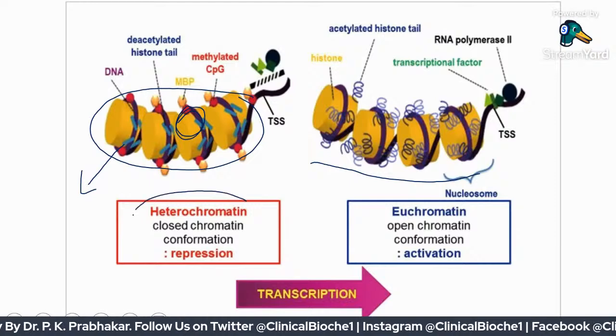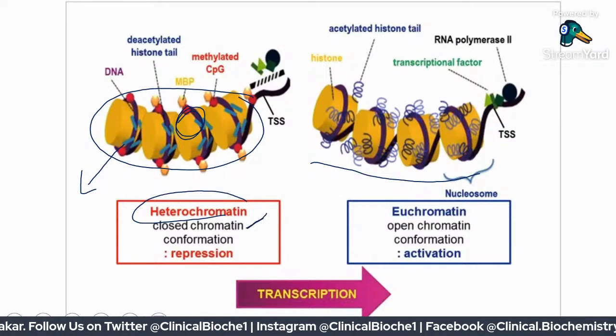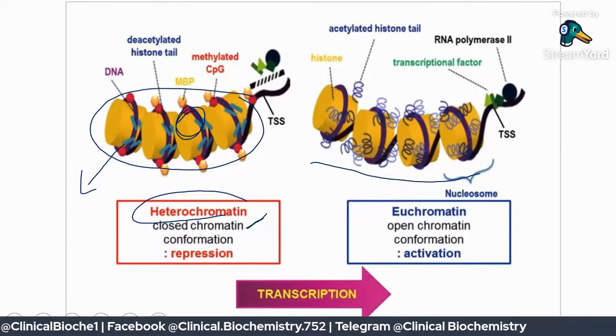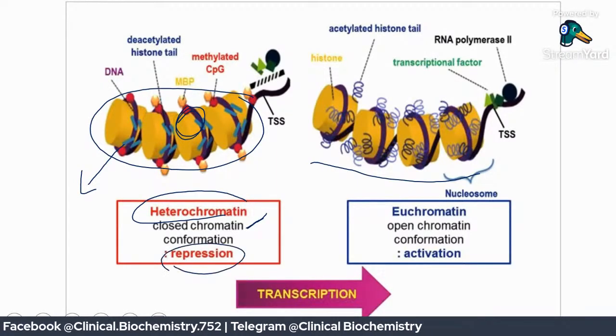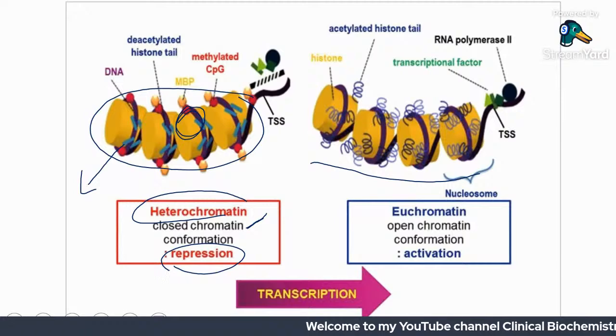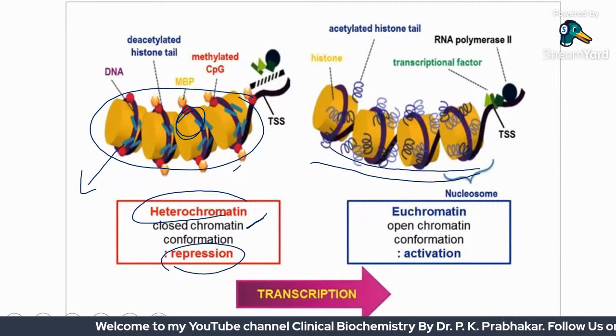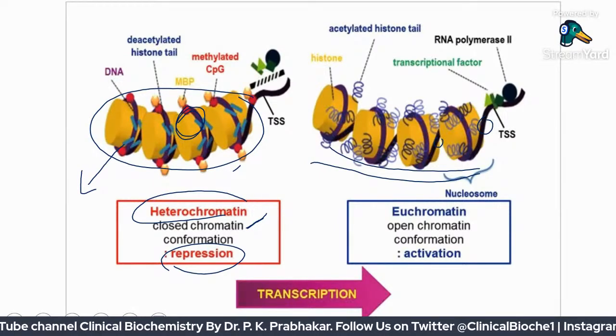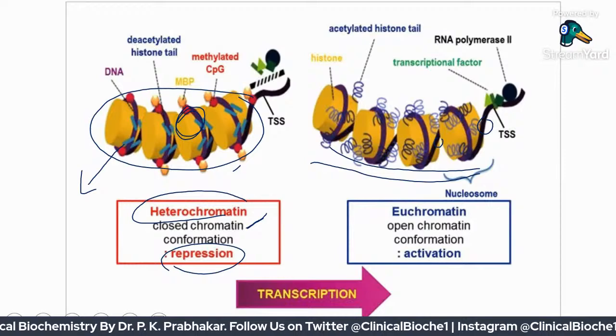So in heterochromatin, where DNA is closely packed, the transcription process does not occur. It is repressed, suppressed, inactive DNA. When the histones are modified, the structure becomes slightly loosened so that RNA polymerase can bind to different portions of DNA and the transcription process will occur.